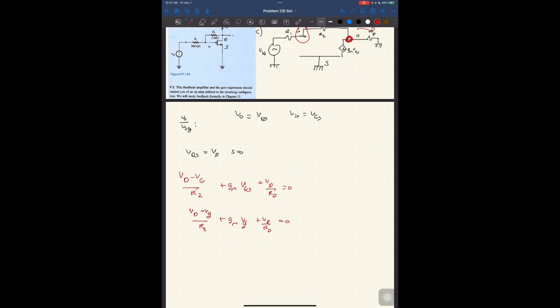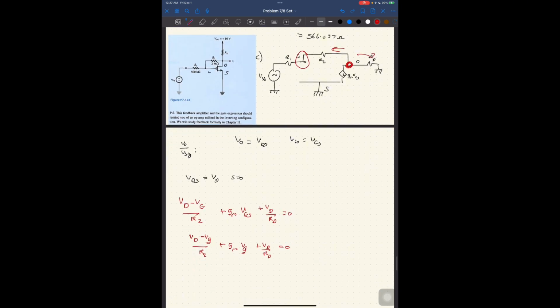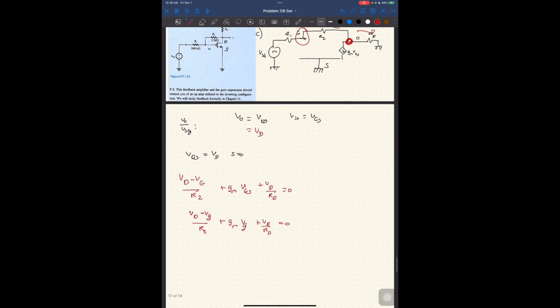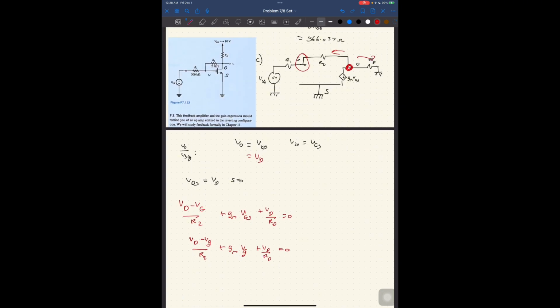And that's pretty agreeable. VDS is equal to V out. If I wanted to isolate for V out, but there's no point in doing that right now. Let's do nodal at G.